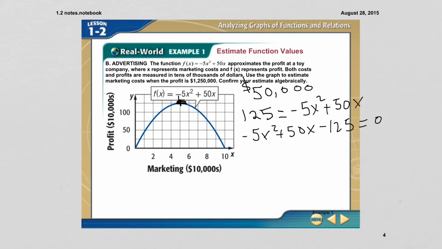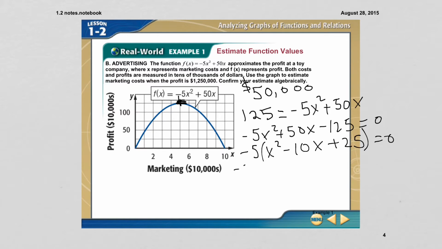Because I'm solving a quadratic, and to solve a quadratic I have to set it equal to 0. So to solve a quadratic I have to factor. So I'm going to factor out a negative 5, which gives me x squared minus 10x plus 25 equal to 0.